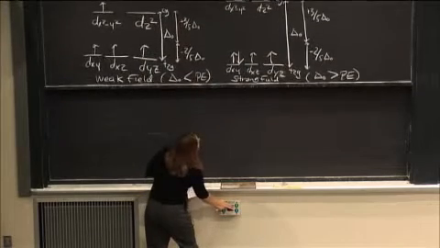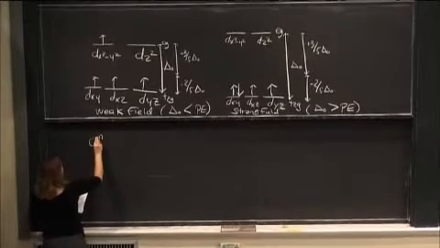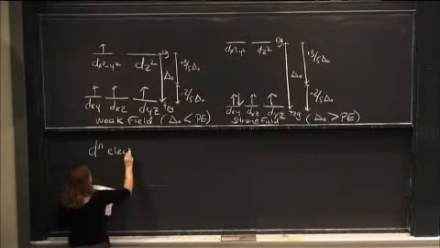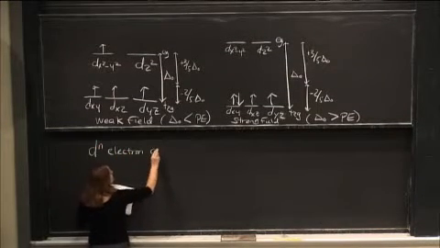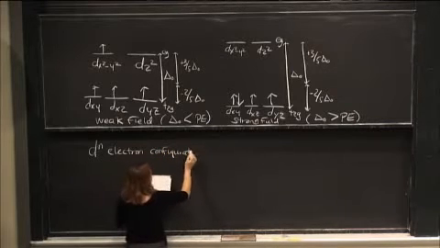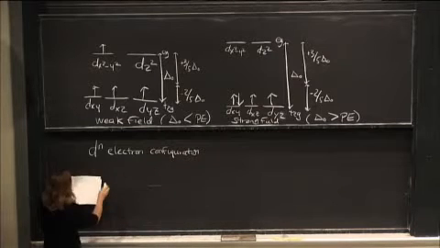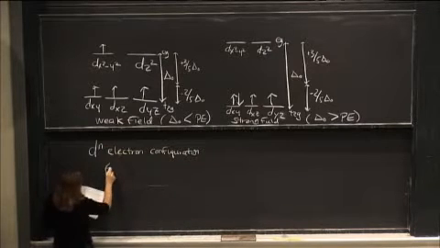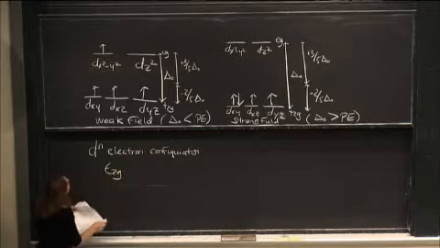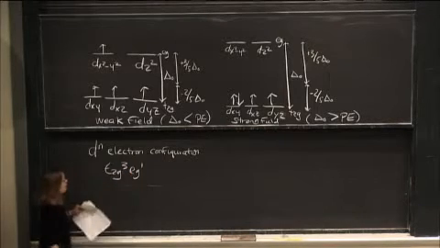So let me just stick that there. So in this case, if we have our d^n electron configuration, we have 3 in the t2g, and in the eg set, we have 1.